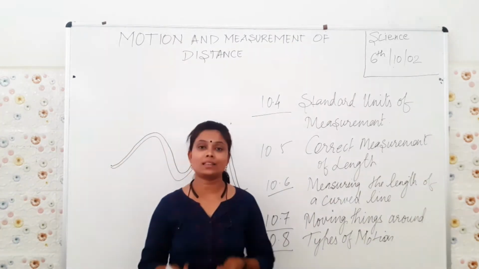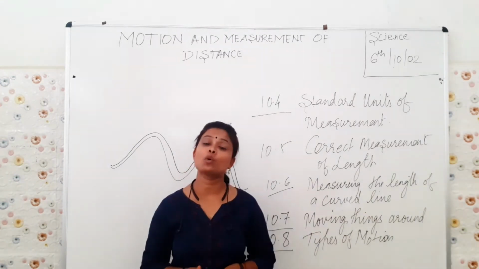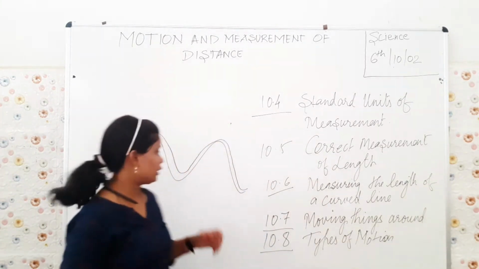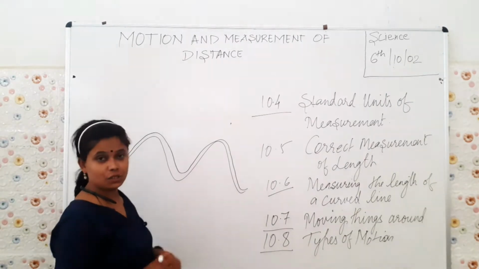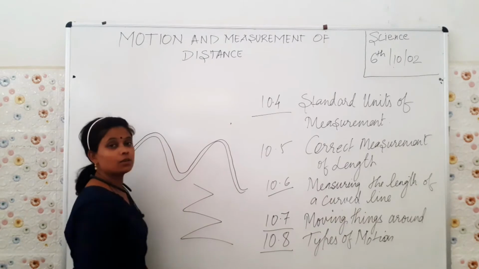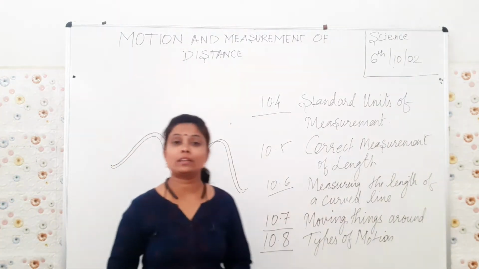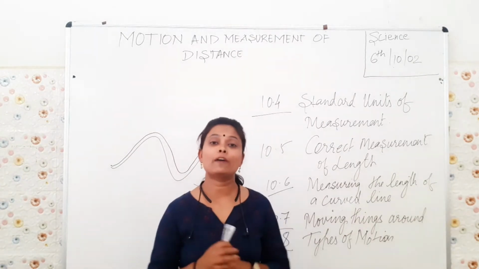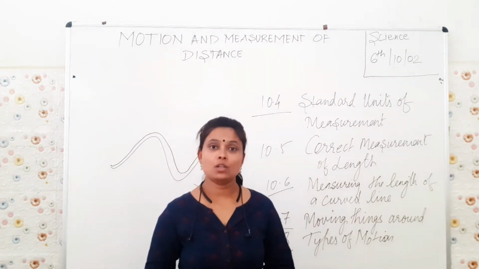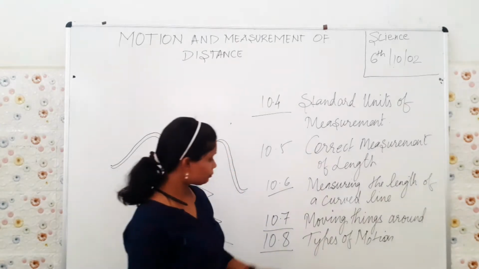Why? Because a thread can be bent in whatever direction you want. So if there is a wave-like or zigzag structure, you have to measure such types of curved line by taking a thread to get a perfect measurement.